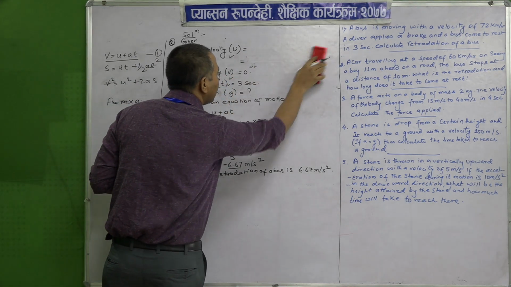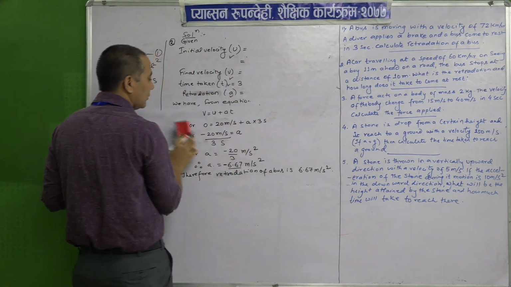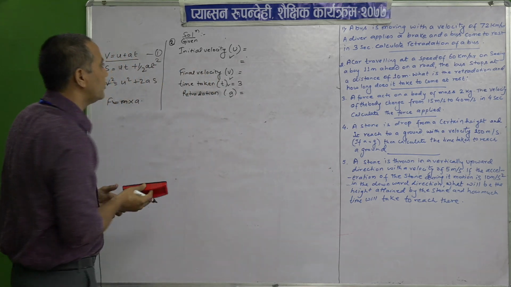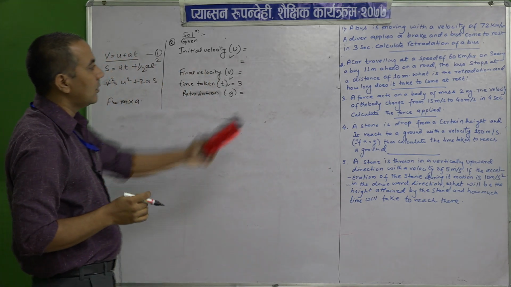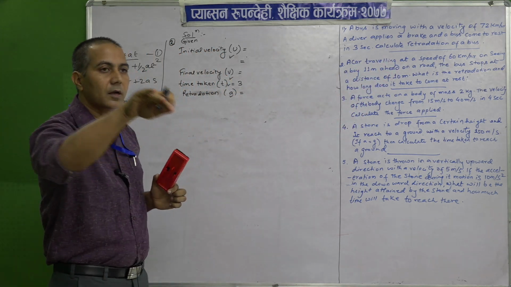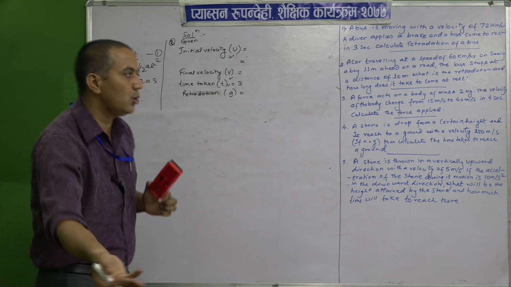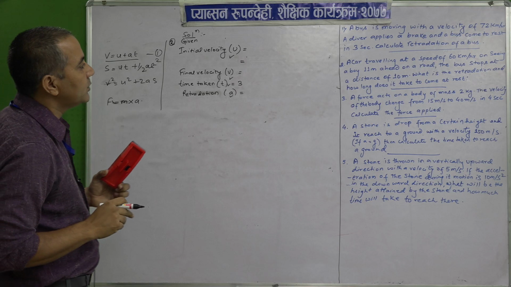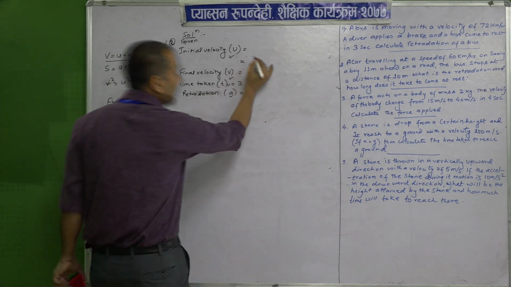Now, let us take another example. For shortening of time I will not rub this one. The car is moving, so the given velocity will be the initial velocity u. A car is traveling with a speed of 60 kilometer per hour.